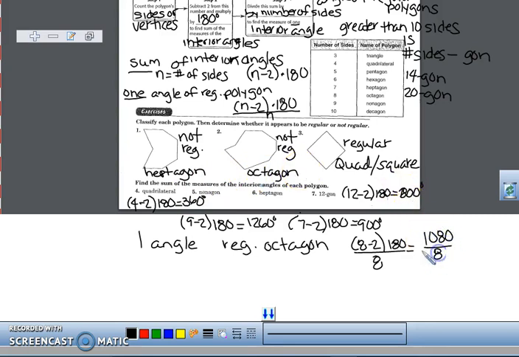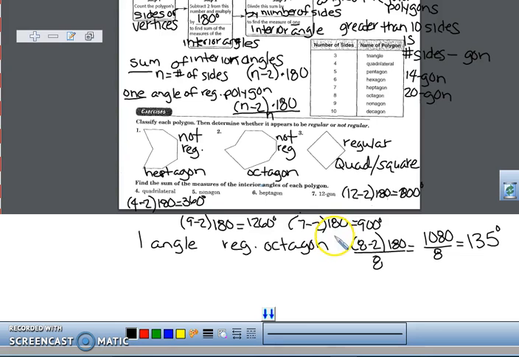And then you would have to divide that by 8. That means each angle in a regular octagon would be 135 degrees. Make sure you show your work on your homework.